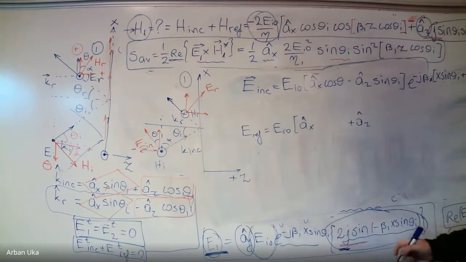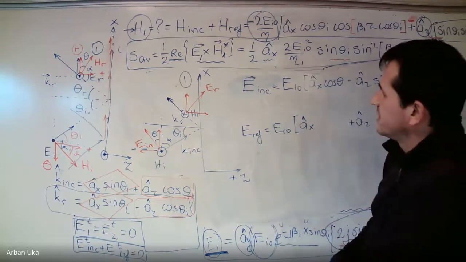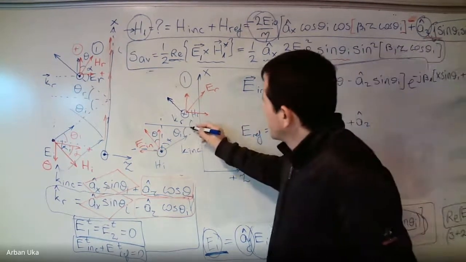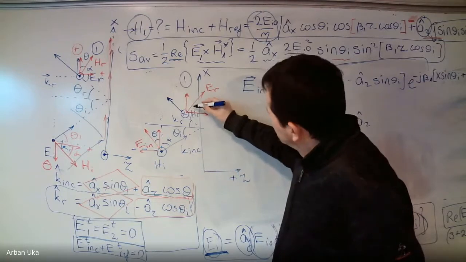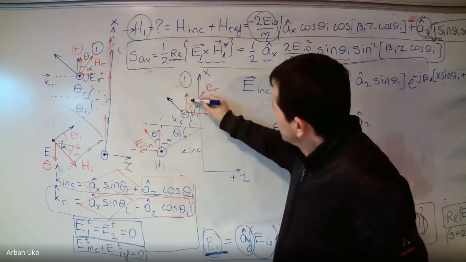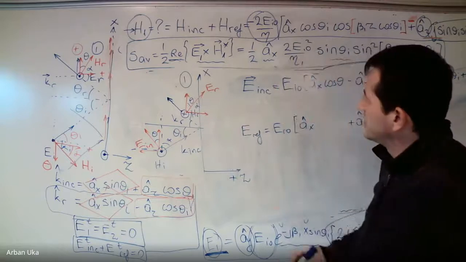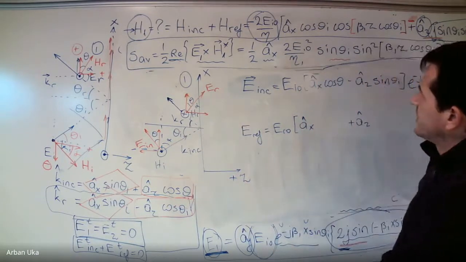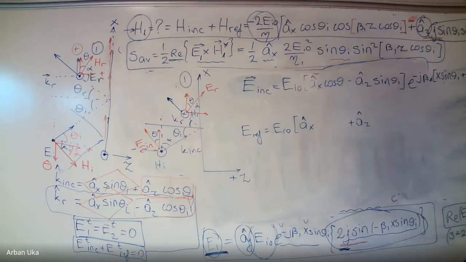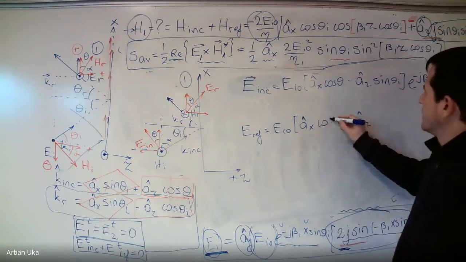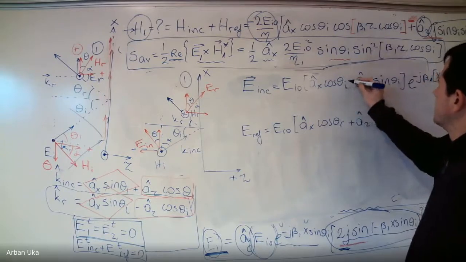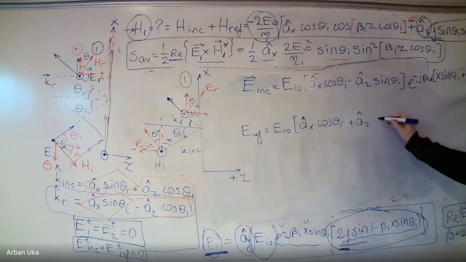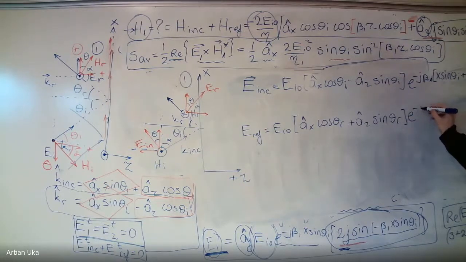The reflected wave, this is theta R. This is how we can read the angle. So along the AX, this is cosine theta R, and along Z this is sine theta R, e to the power minus j beta 1.